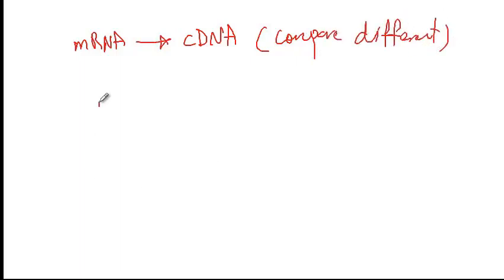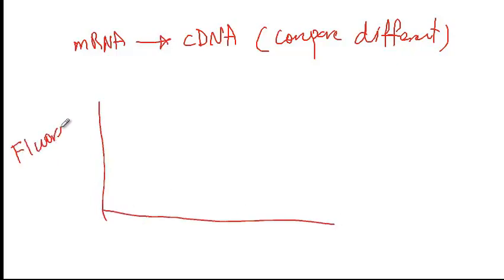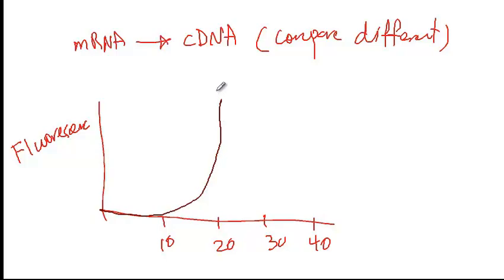Now here, let me give you another example. Here we have the relative fluorescence, and here are our cycles of PCR: 10, 20, 30, and 40. Let's say that sample A took 20 cycles to reach its peak fluorescein, while sample B took 30. What's the difference between these two?